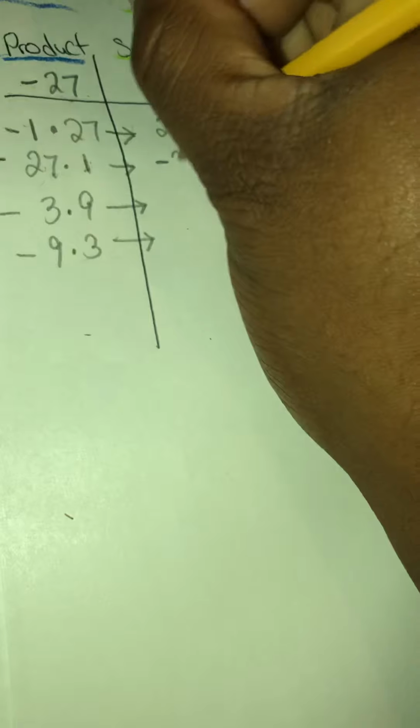Do I still owe them, or do I have money? Well, if you owe someone $27 and you only pay them back 1, chances are you are definitely going to owe them. So you owe them $26, so negative 26. And just remember that because these are opposites, these numbers should be opposites also.